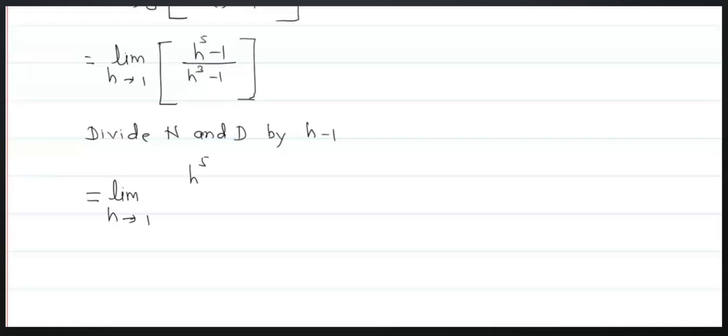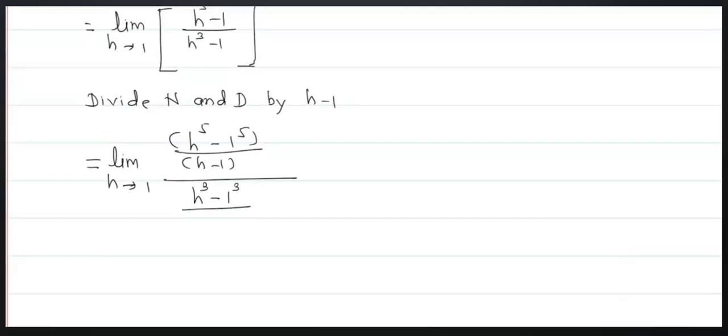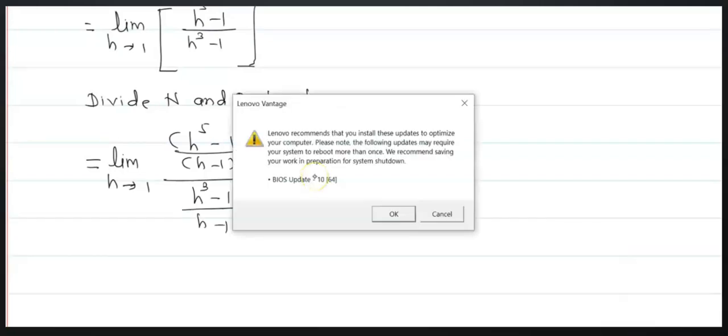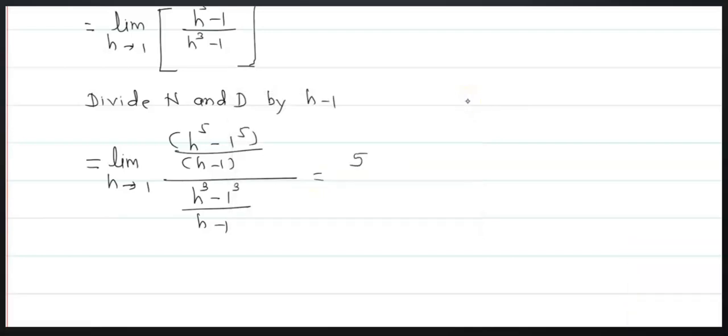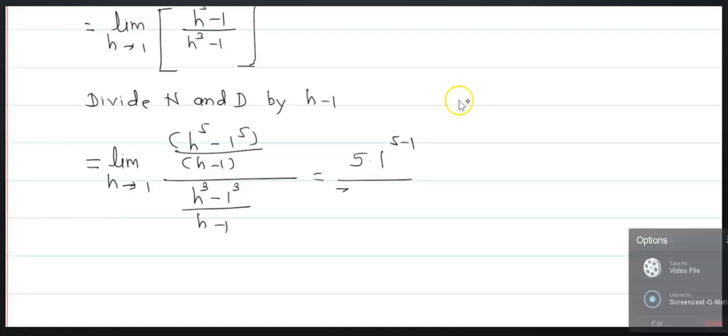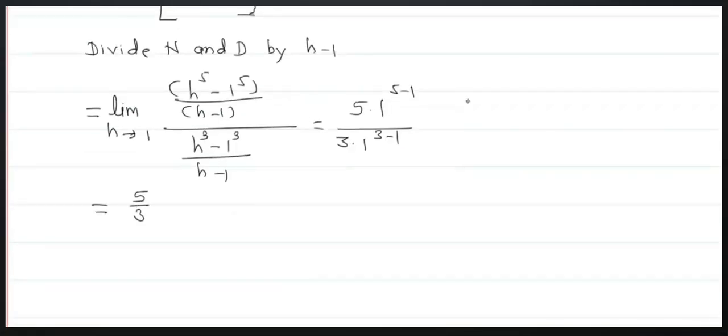Therefore, you will get limit h tends to 1, (h^5 - 1^5)/(h - 1) upon (h^3 - 1^3)/(h - 1). Therefore, you will get 5 into 1^(5-1) upon 3 into 1^(3-1). Therefore, the answer is 5/3.